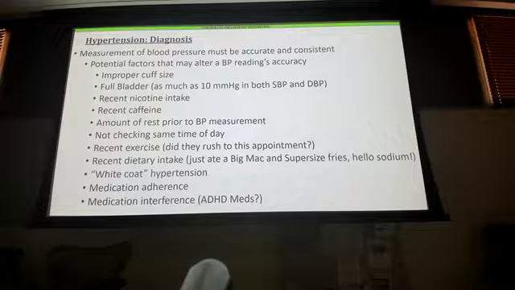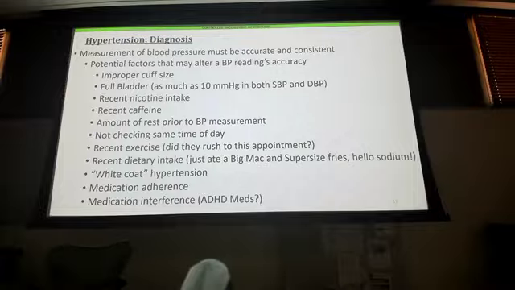Recent nicotine, recent caffeine, all of that can also raise your blood pressure inappropriately, and we want to make sure we don't assume they have blood pressure issues simply because of something they ate. Okay, so when you have that patient who has that abnormal blood pressure on the first check, counsel them about all these things, so when they come in for their second check, they're not repeating the same mistakes.